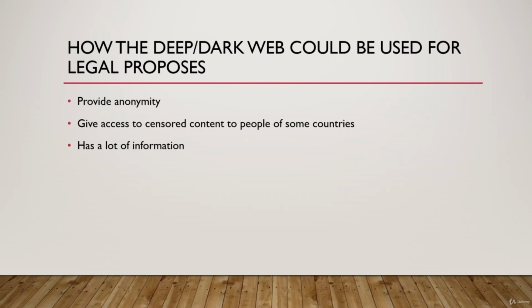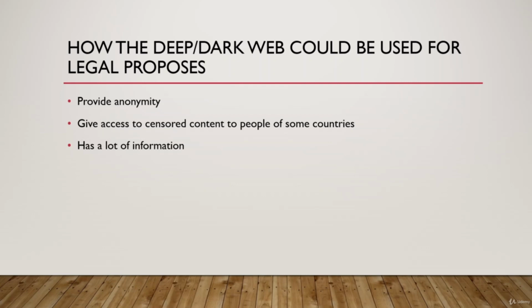For example, in Canada slash United States, we have access to content that people in China will not necessarily have access to, because the internet is controlled. So the deep web, the browser that gives you access to the deep web, will give you access to all this data, and you will be able to get access to a lot of content that is censored by governments, and you will be able to watch this content, which is an amazing thing.